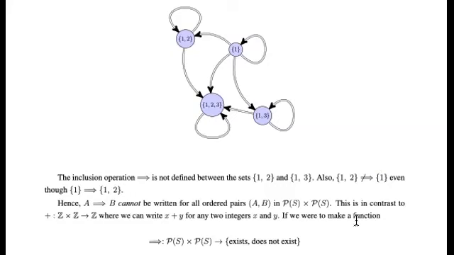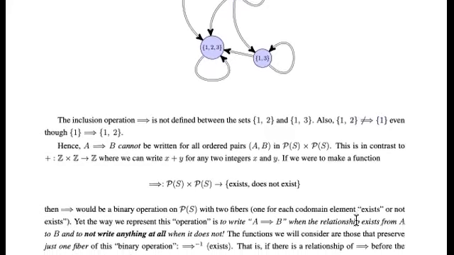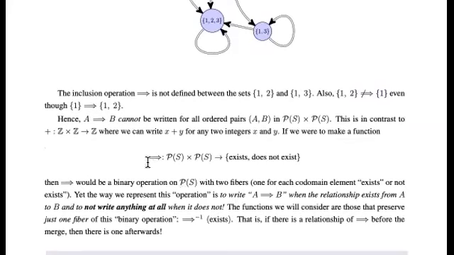However, you can kind of doctor it up a little bit, and so maybe that's what we'll do here. If we think of this as a binary operation, perhaps, where it has two outputs. So thinking of it as a function, we're inputting a pair here, and we're outputting exists and does not exist.